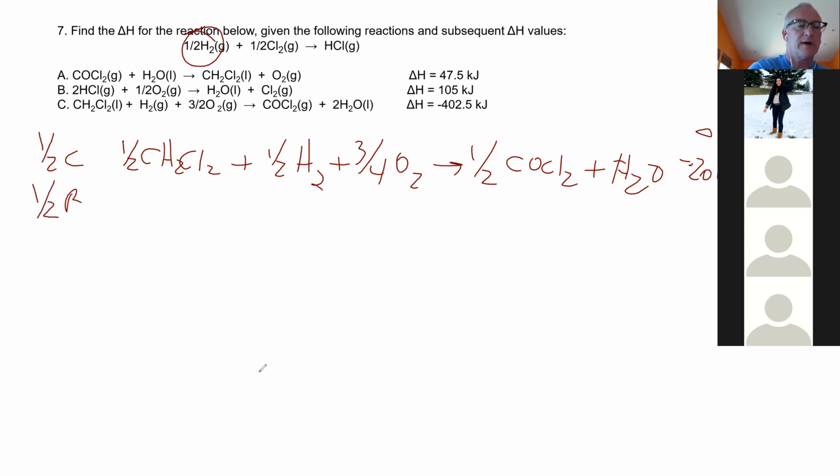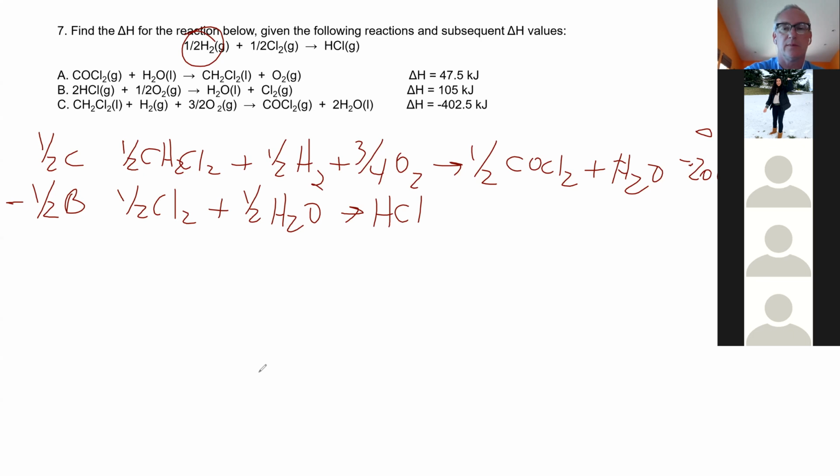So what else do we need to do? We need to flip it. Yeah, we need to flip it. So we need to have 1/2 Cl2 plus 1/2 water makes 1 HCl plus, again, now 1/4 of a mole of oxygen.